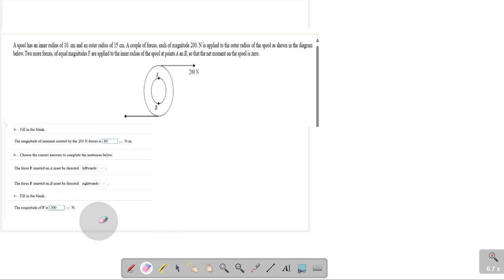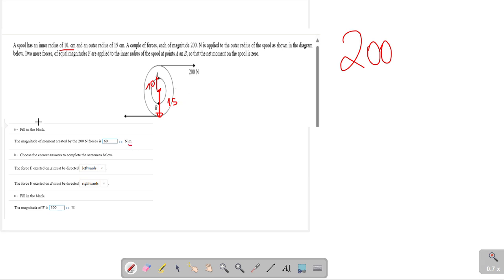So what's the rule for the moment of a couple? It's going to be either one of the forces, 200, times the distance between them. I forgot to mention, this is the radius. They said it's 10. The inner radius, this is 10. And the outer radius, which they mean this entire section, is 15 centimeters.